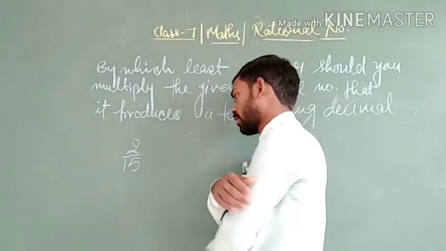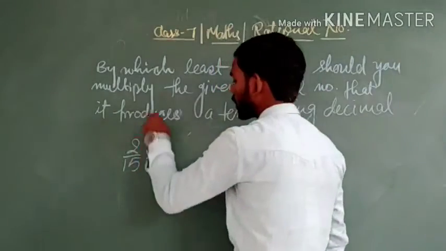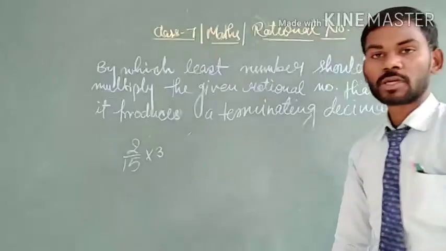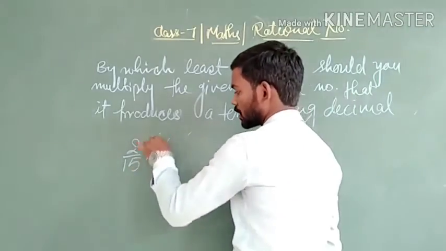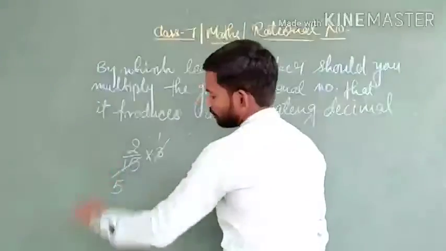multiple of 10. So for this, if we multiply this rational number by 3, then here we have 3 ones are 3 and 3 fives are 15.